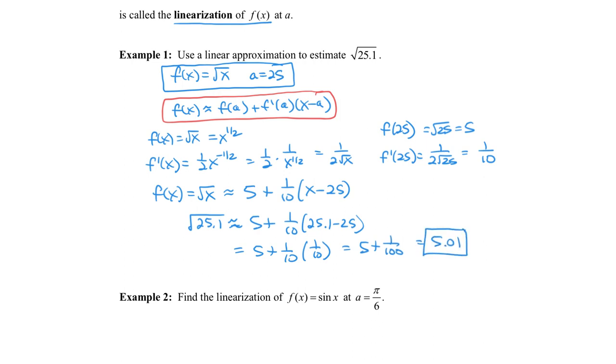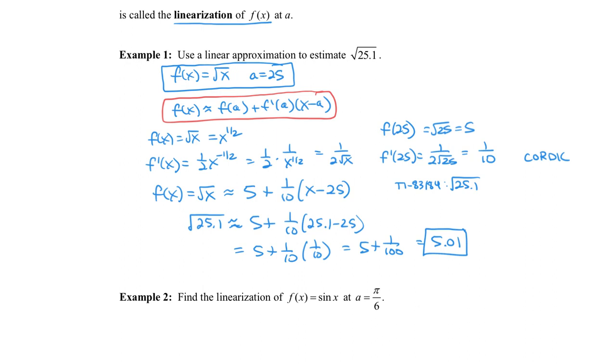So here's our approximation. If you want to compare this to what we would call the actual answer, and I'll say that in quotes because we're still going to get an approximation, I'm going to just use the TI 83 or 84 and punch in the square root of 25.1. The TI 83 and 84 also use an approximation technique, called the Cordic algorithm, which is a pretty sweet algorithm, actually.